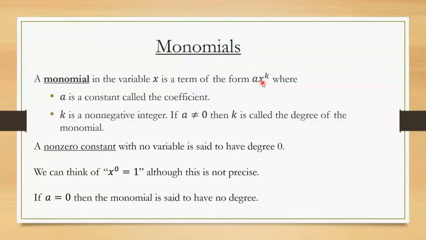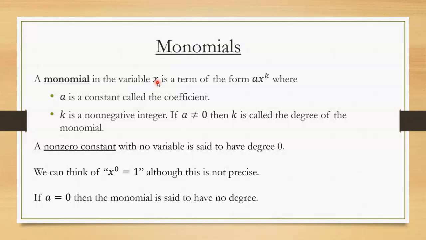As a way to remember this, you could think of x to the 0 as 1. Although, as I wrote here, it's not that precise, because remember, last time I said that 0 to the 0 is not defined, and x is a variable, so the actual number could be anything, theoretically.